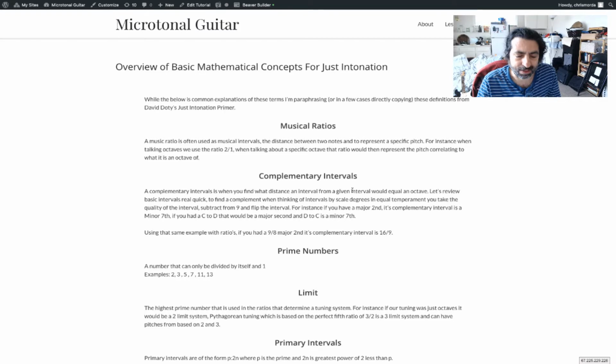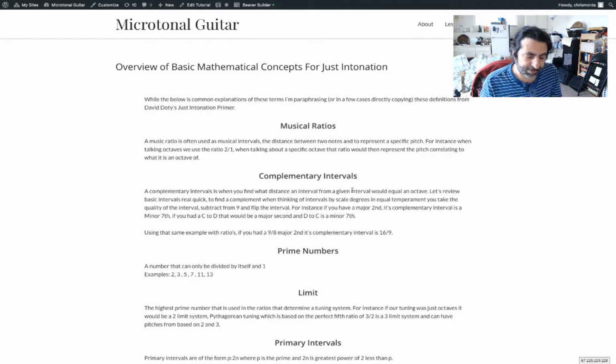But just to recap here, musical ratios like 2 over 1, 3 over 2, 4 over 3, and the understanding of how 2 over 1 is literally the pitch generated from the second harmonic over the pitch generated from the first harmonic, and the distance between those two pitches is an octave, and their relationship is 2 to 1, okay?